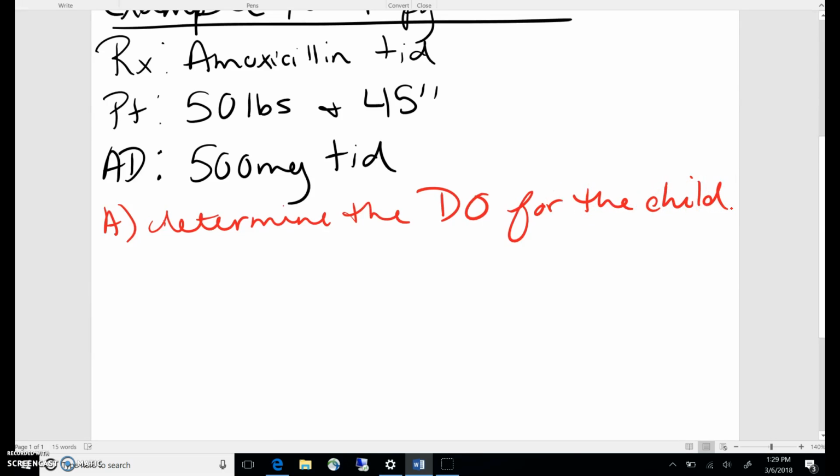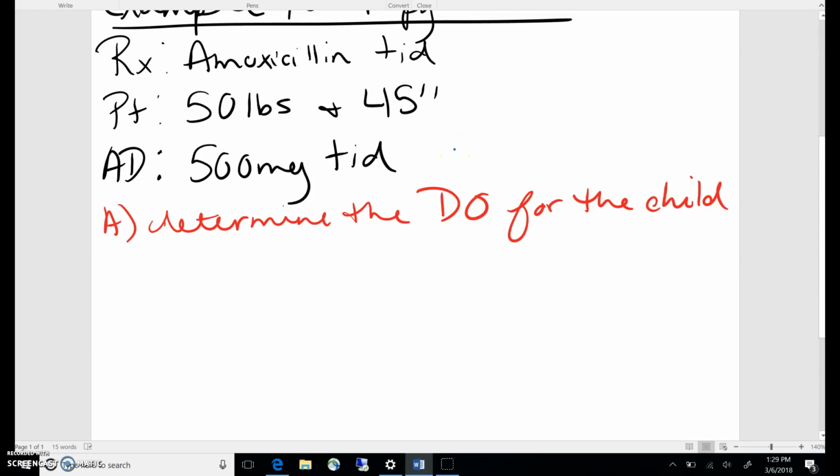Well, the doctor has ordered amoxicillin 3 times a day, but they haven't said in detail how much amoxicillin, right? So the first step is we have to look at the information that's given to us. The patient is 50 pounds and is 45 inches tall, and has an average adult dose of 500 milligrams 3 times a day.